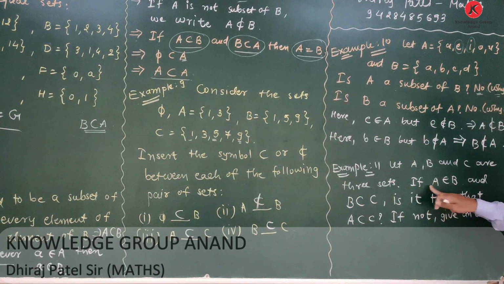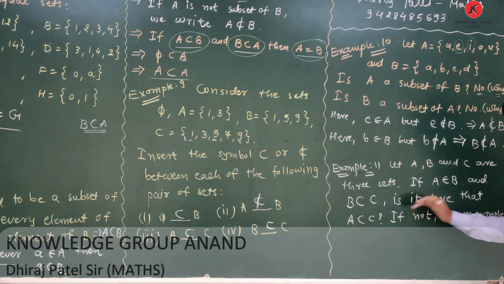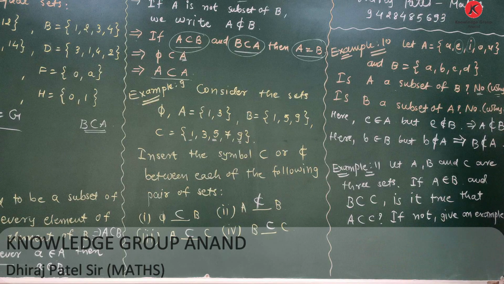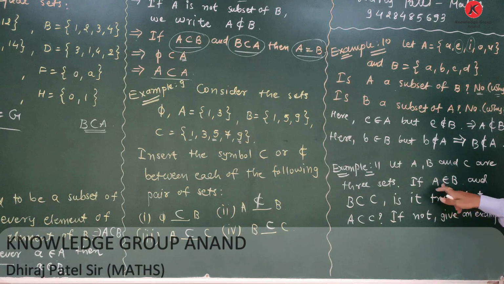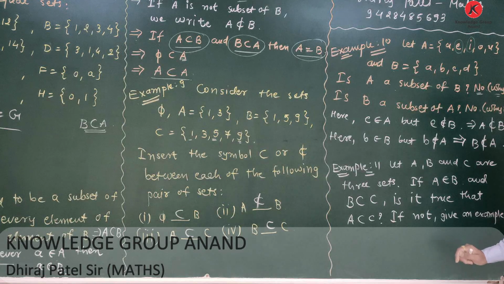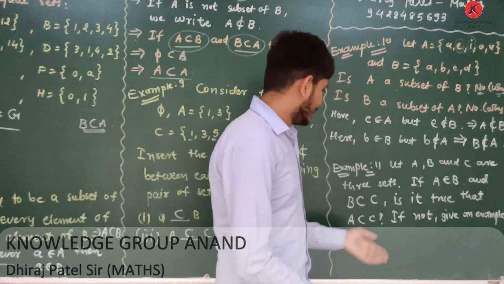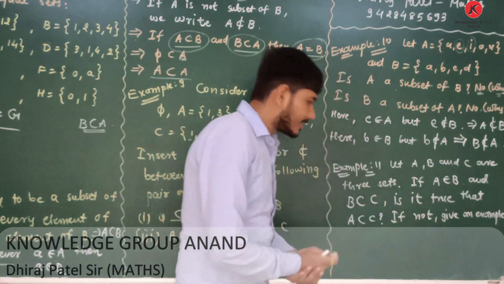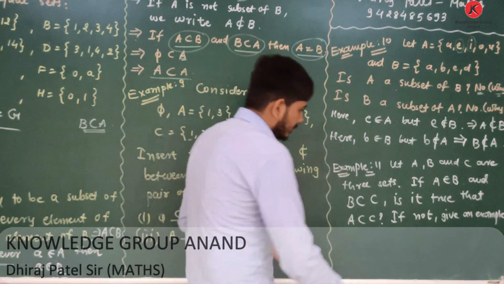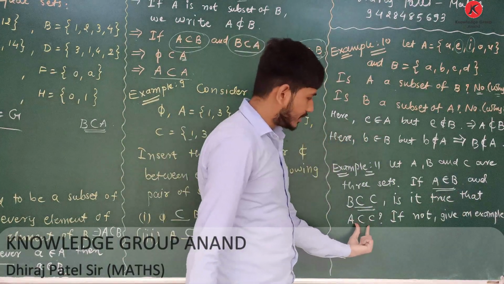There are 2 conditions: first, A belongs to B, and second, B is a subset of C. We check by taking one example which satisfies these two conditions. If not true, then give an example. If yes, then also give an example satisfying these two conditions, and check it.